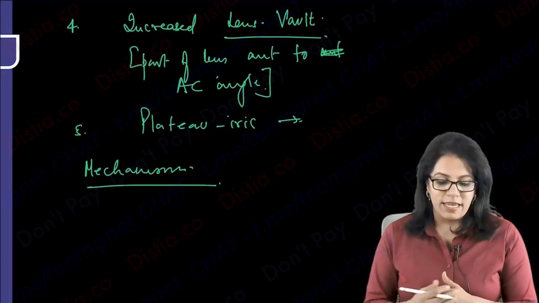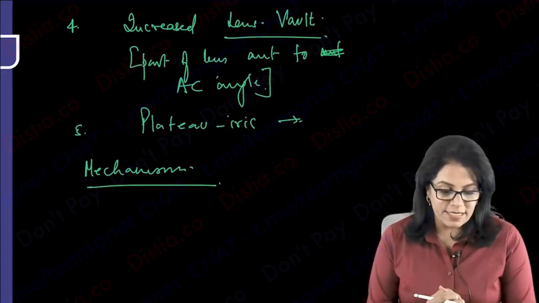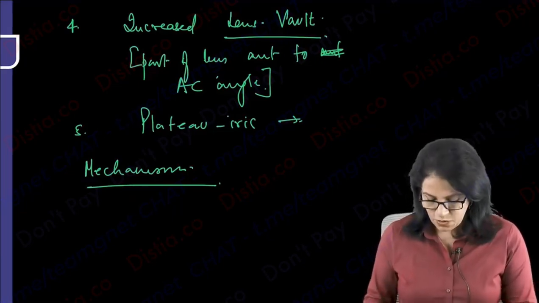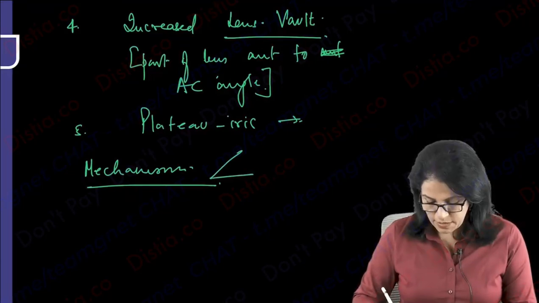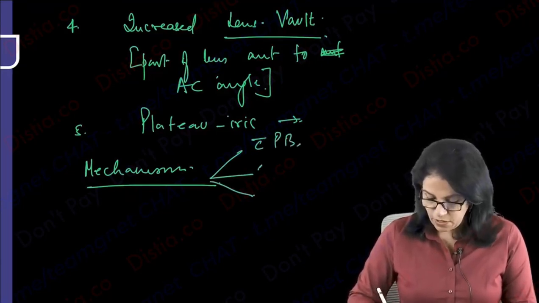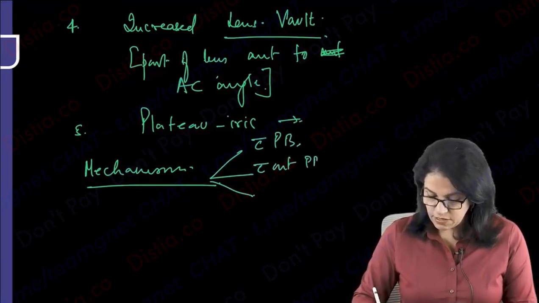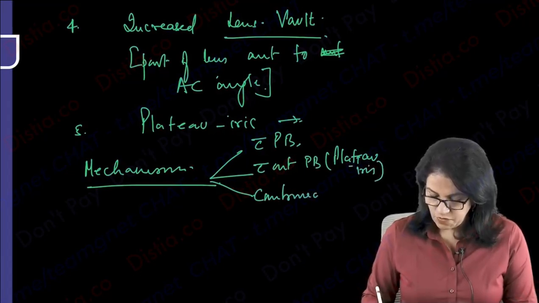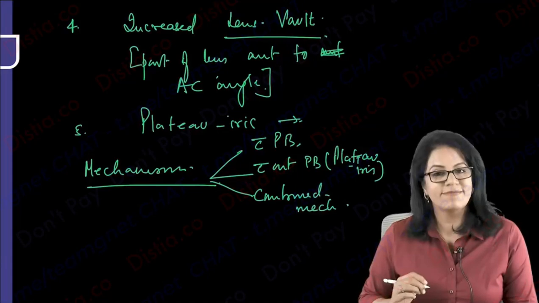Without pupillary block, we are mainly talking about plateau iris, or it could even be combined, both mechanisms working together. So draw 3 lines and we will write with pupillary block, without pupillary block, and generally plateau iris, or combined mechanisms. Both factors are working. Done?